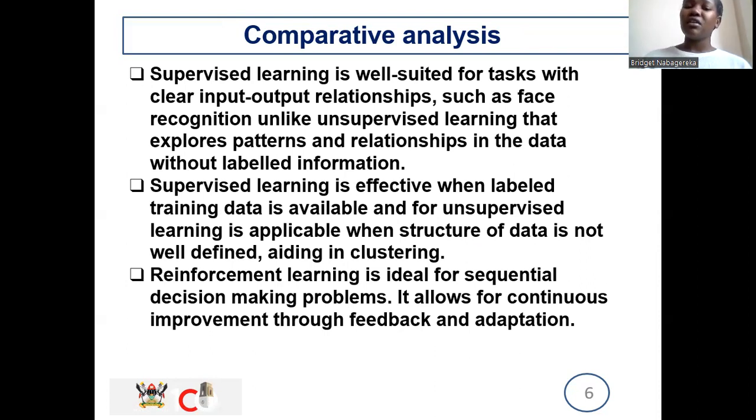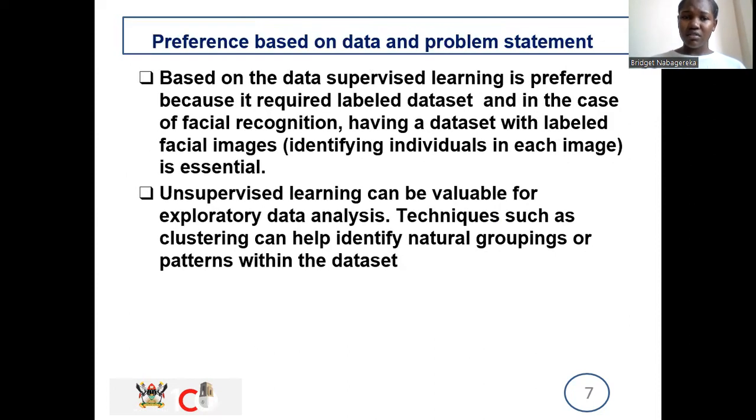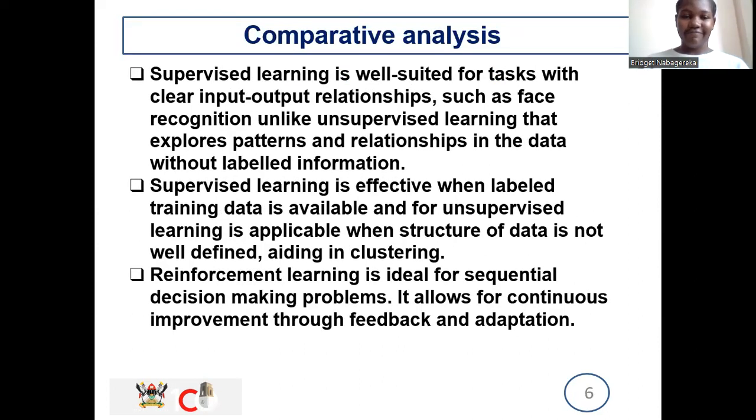Then we compare these techniques: supervised, unsupervised, and reinforcement. Supervised learning is well suited for tasks with clear input-output relationships, such as facial recognition, unlike unsupervised learning that explores patterns and relationships in data without labeled information.